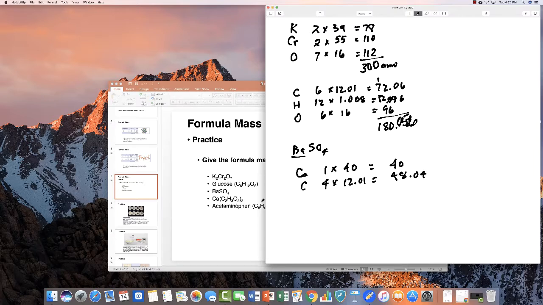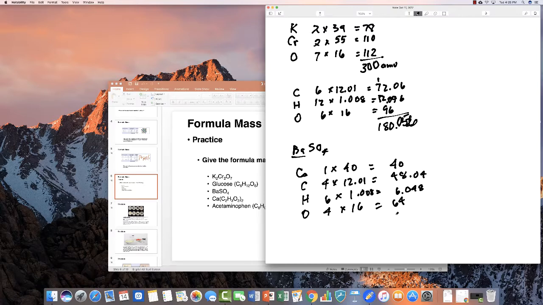This is 2 times 3 or 6 hydrogens. So that's 1.008. So that's going to be 6.048. And then lastly, 4 oxygens times 16, that's going to be 64.